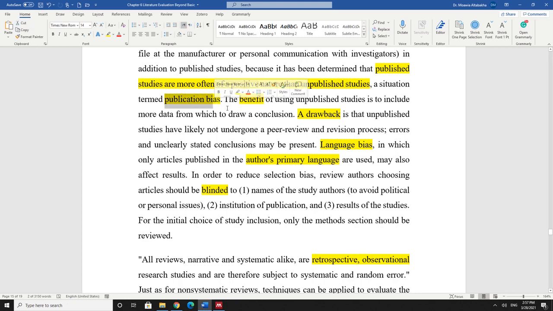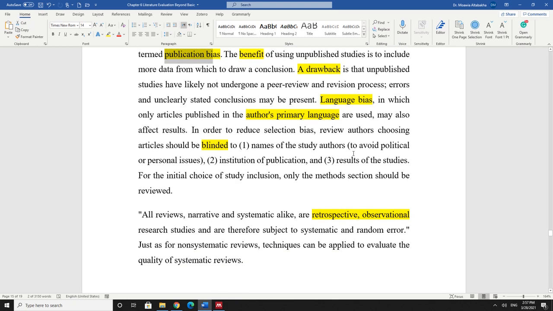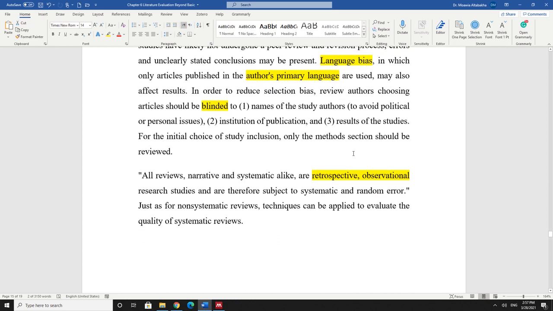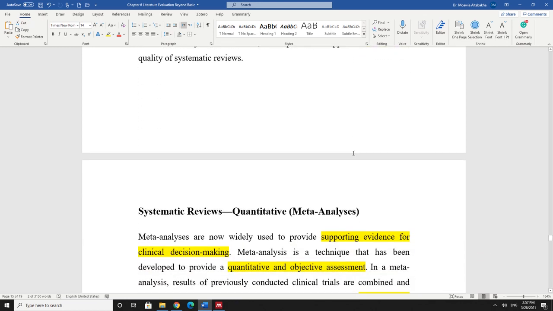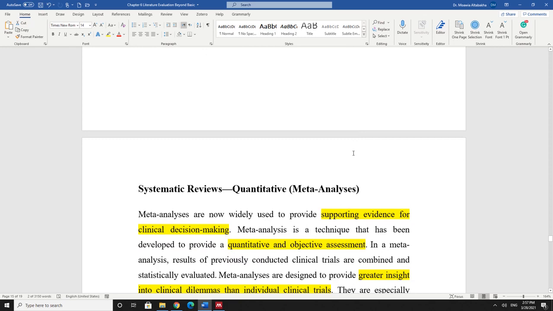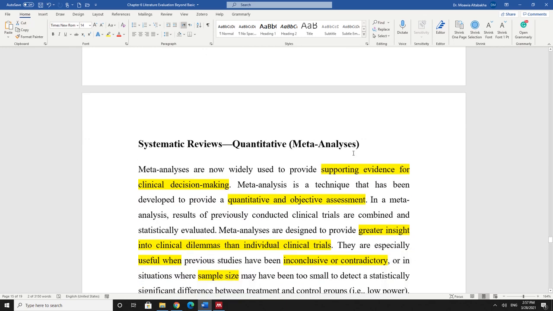So it's good to include unpublished data that might contain some negative results. But again, it's not peer reviewed. You don't know, or there is no confidence in them. You don't know whether it was done according to the right methodology or not.